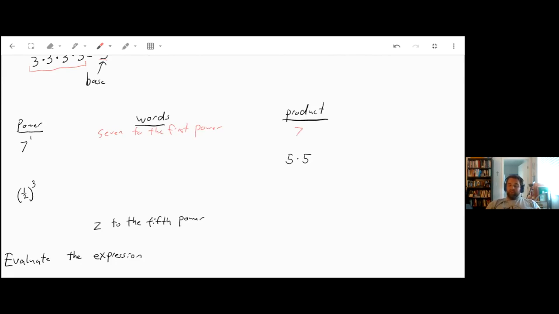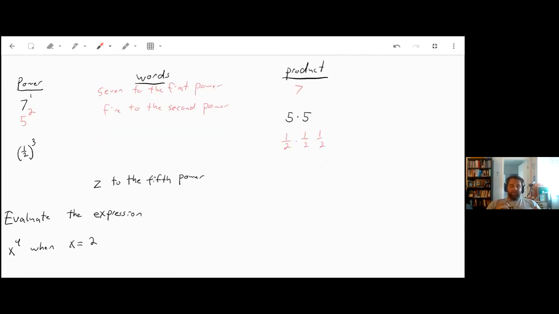You could also have a product that's 5 times 5, which you could write out as 5 to the second power, or you could write it out as 5 squared. That would also work. The third one down, we have 1/2 to the third power. You could write it out as 1/2 to the third power, or as a product, that would be 1/2 times 1/2 times 1/2.